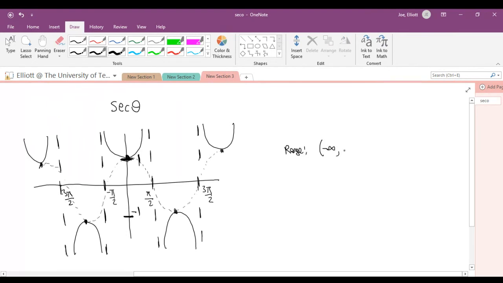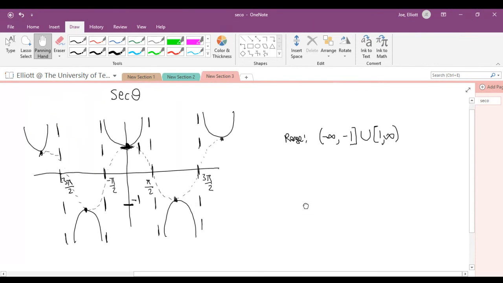So you might write that in interval notation like this: -infinity to -1, union 1 to infinity. Okay. And then it's missing the numbers in between -1 and 1 in the range, okay? Its period is going to be 2 pi, just like the regular cosine function.